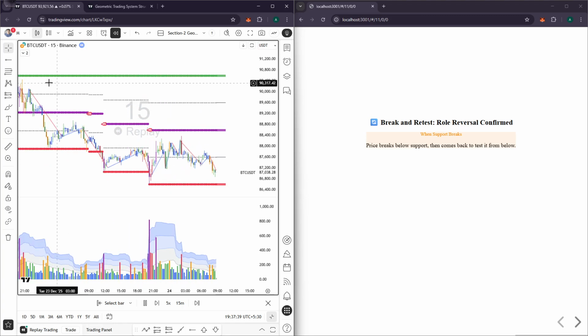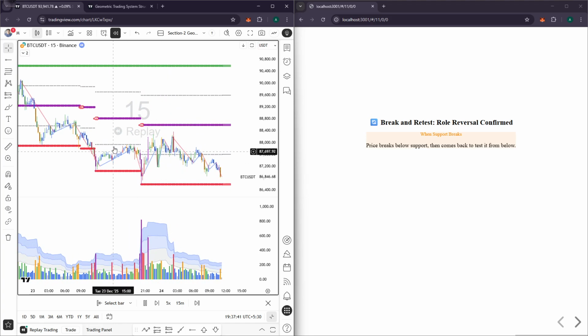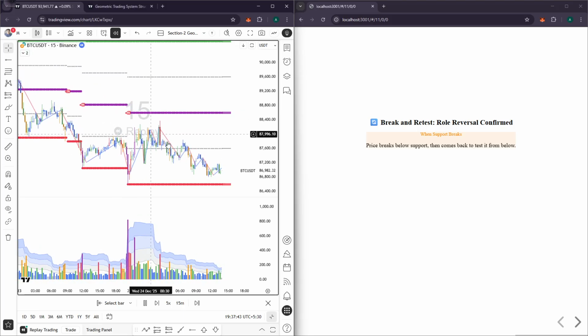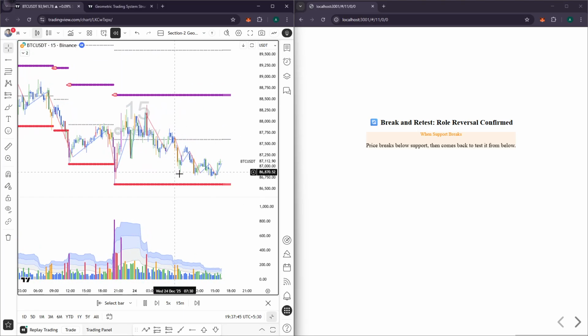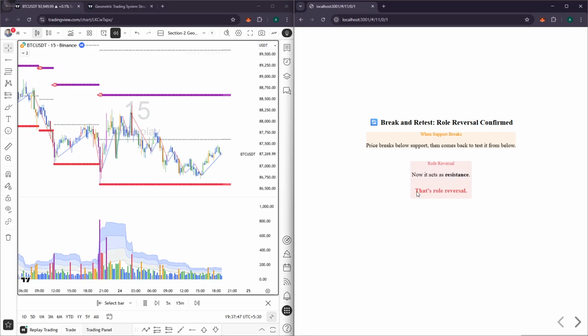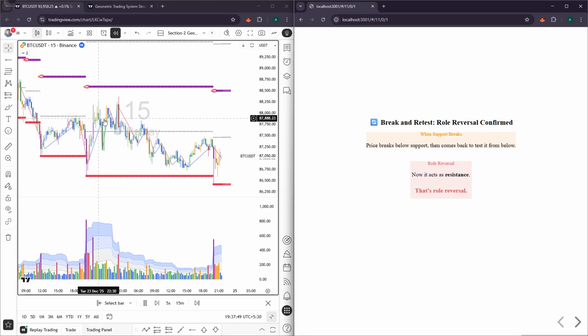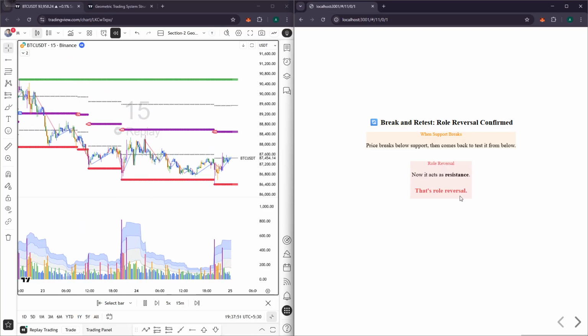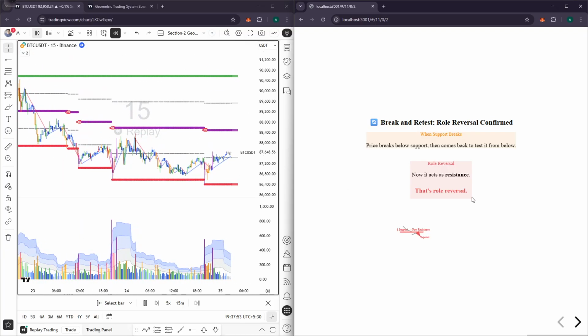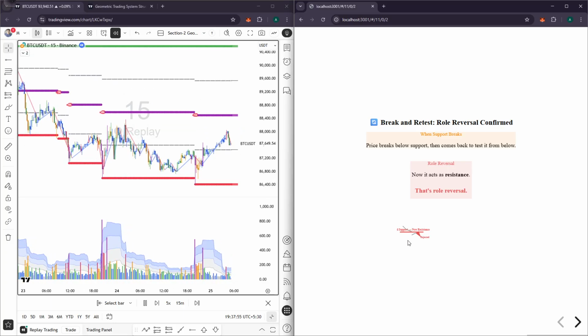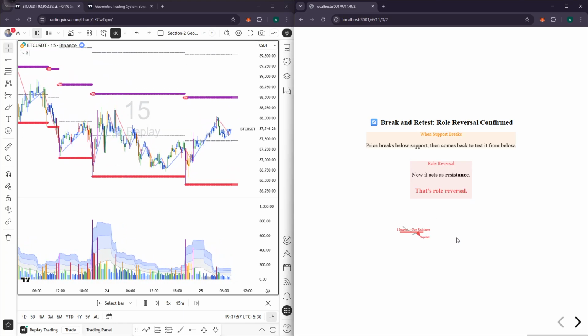As the market was already trending down, this was definitely a resistance, and you can see the market keeps going down. That's a role reversal. You see this one break down below, get tested and then rejected.